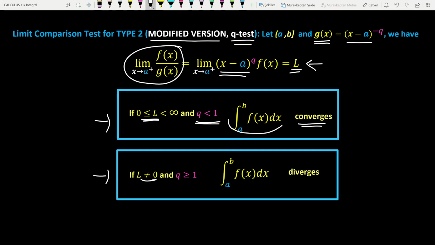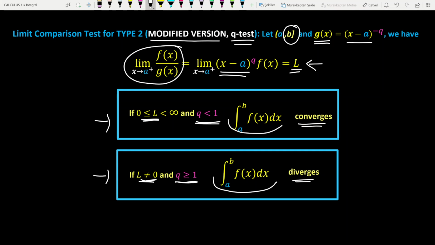Second case, if L is not 0, it can be infinity, it can be any finite number, and if Q is greater than or equal to 1, the given improper integral diverges. Of course, you have this test when the function f is not continuous at the other endpoint of integration b.